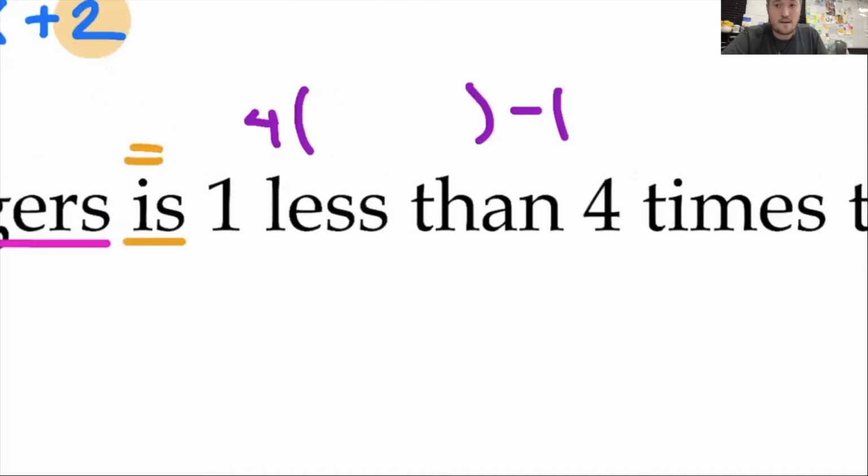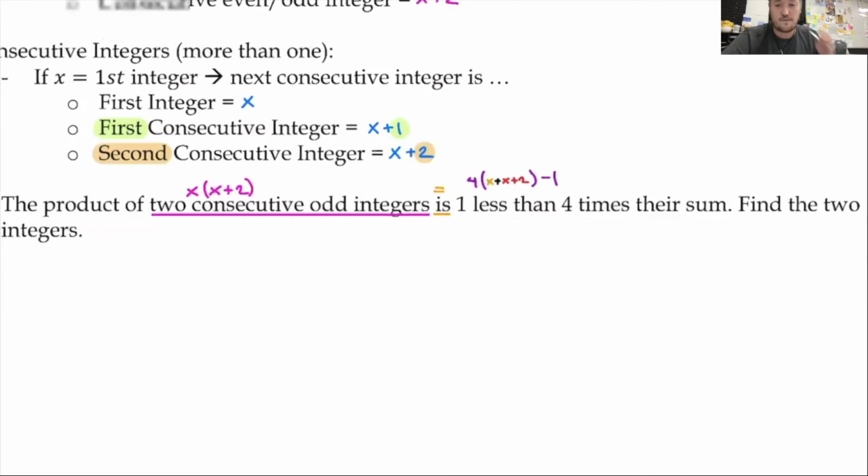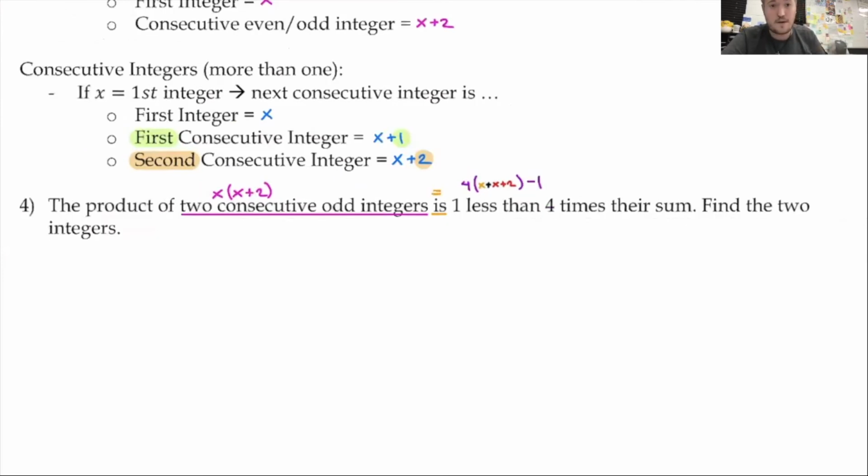So I'm going to add that first and the consecutive odd together. So x plus 2. So I'm going to add them together, multiply it by 4, and then subtract 1. And I want to find those integers. So that's going to be my equation right there.